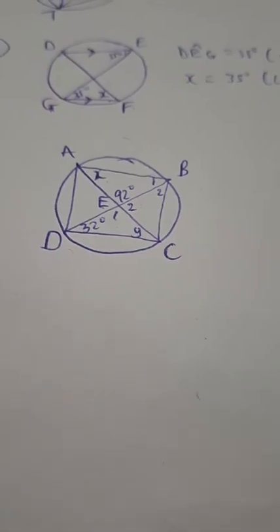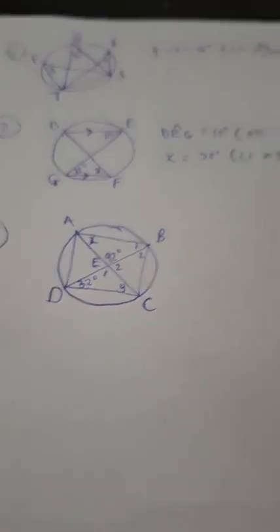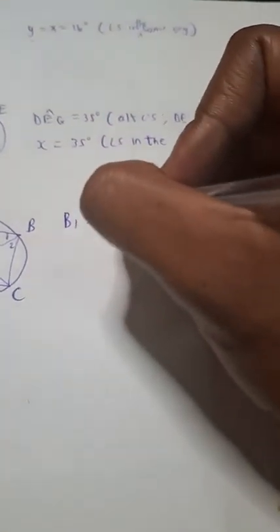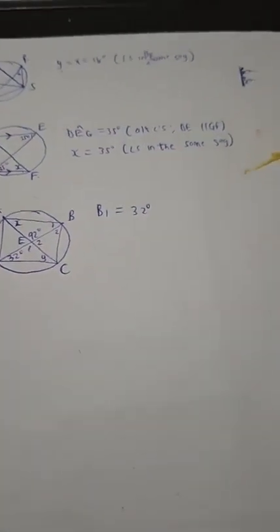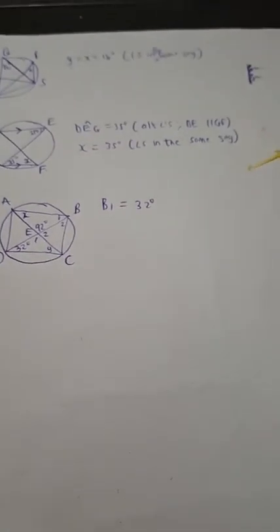Okay, Infinity Bongs says B1 is 32 degrees. Okay, I see there's a teamwork between Bongs and our good friend there, Excellent. So B1 is equal to 32 degrees. Let's see if that could be the truth, if really and truly it is.